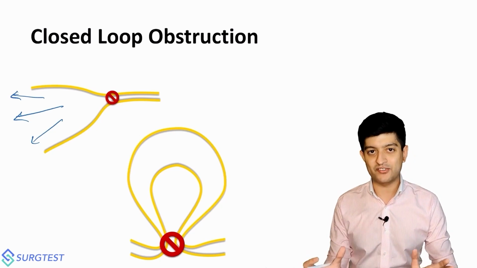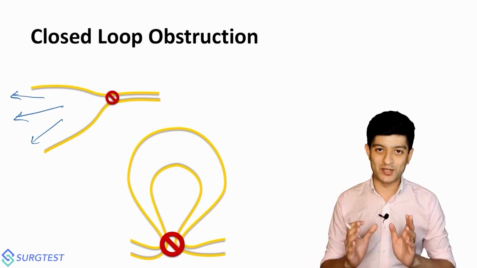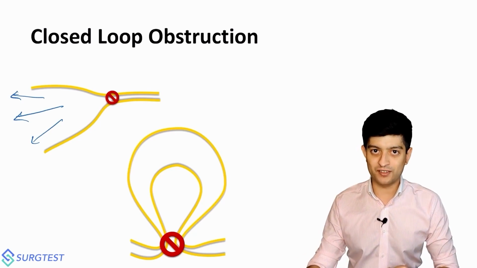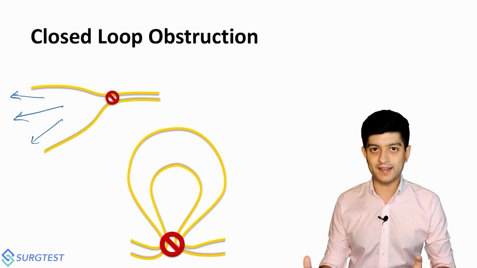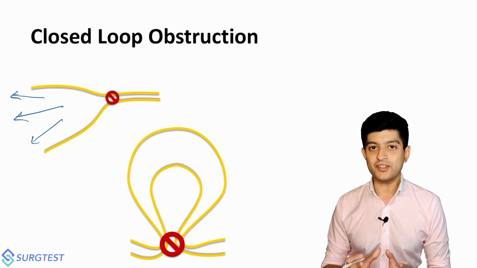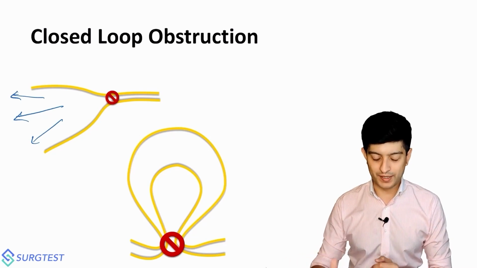Say you have an obstruction in the terminal ileum, then you have the entire length of the small bowel as well as the stomach to eventually dilate and accommodate all of this increase in luminal pressure. So the pressure equalizes more proximally.